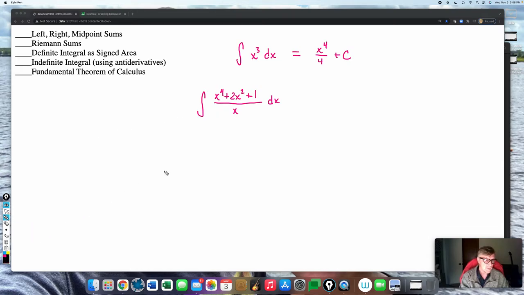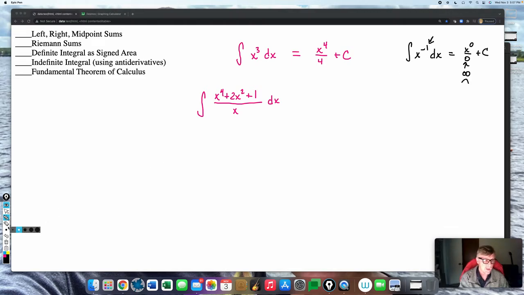What happens if we are going to do x to the negative 1? Watch what happens. If you use this rule, you would increase your exponent by 1 and then you divide by 0. Whoa! This is no bueno. You can't divide by 0, right? So the rule doesn't work when the power is negative 1.